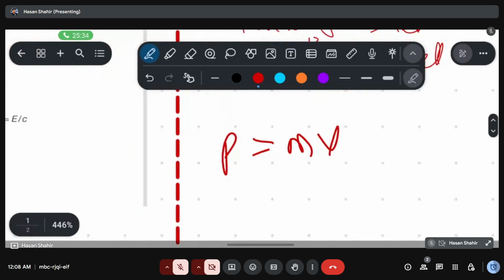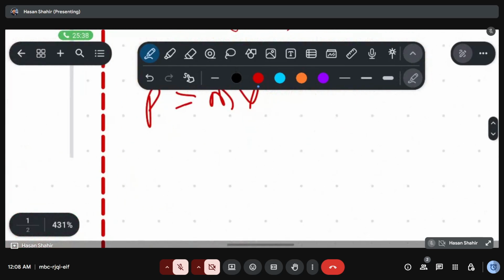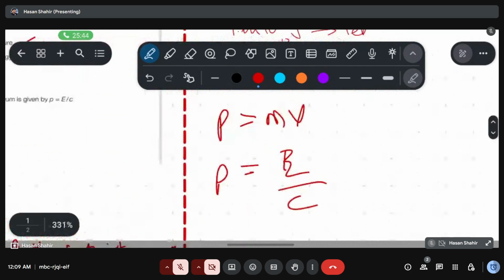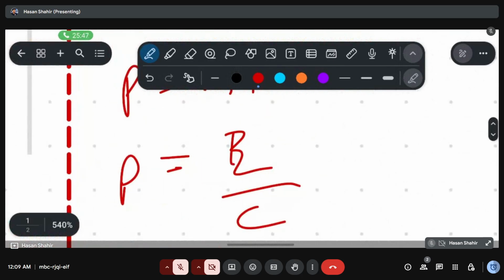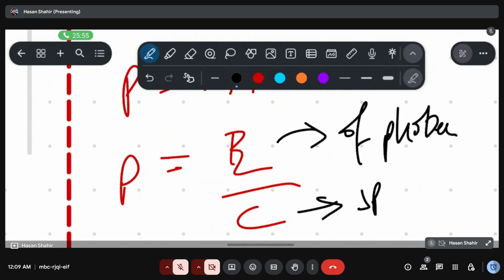And in terms of energy, we have a formula for this, which is energy upon the speed of light. This energy is the energy of a photon, and this is the speed of light.